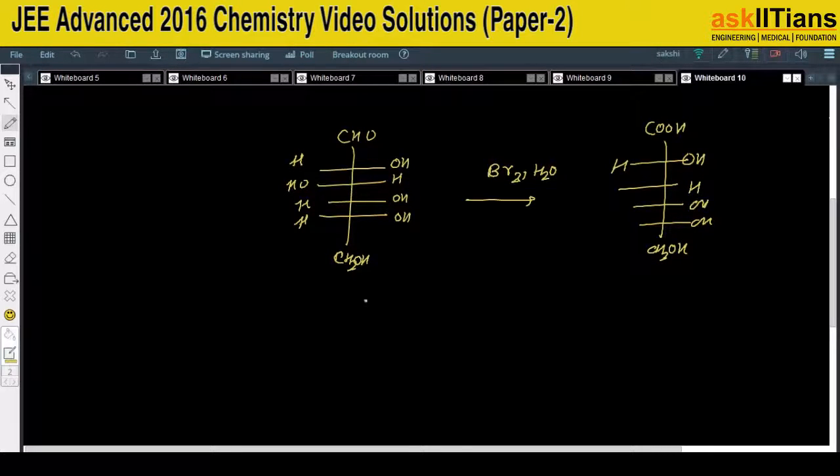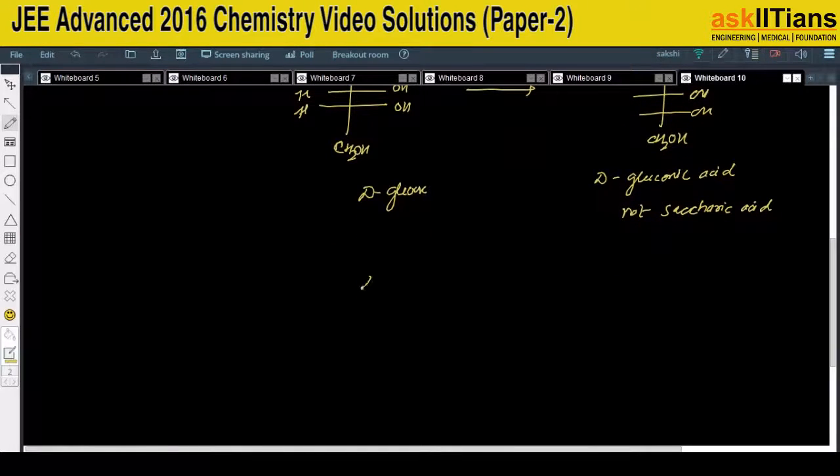That means if I am starting with D-glucose and I am treating it with bromine water, I will be getting D-gluconic acid. And this is not saccharic acid. Whereas if I start with D-fructose, since there were two components, you can very easily say that it will not be reacting with bromine water, and hence option number D is not the correct option.